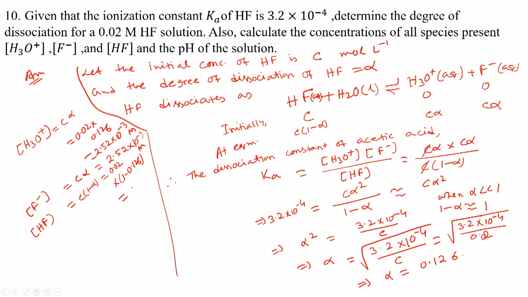So we get 1.748 times 10 to the minus 2 moles. These are the concentrations of H3O plus, F minus and HF at equilibrium. Now we need to calculate the pH of the solution. The pH is minus log base 10 of the concentration of H3O plus.